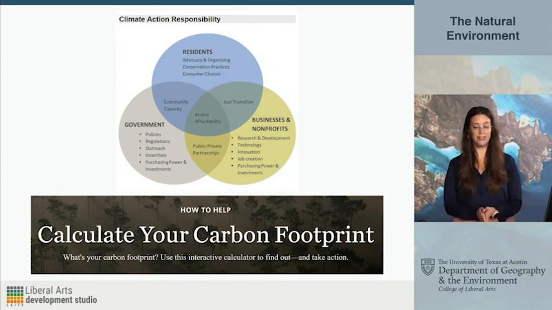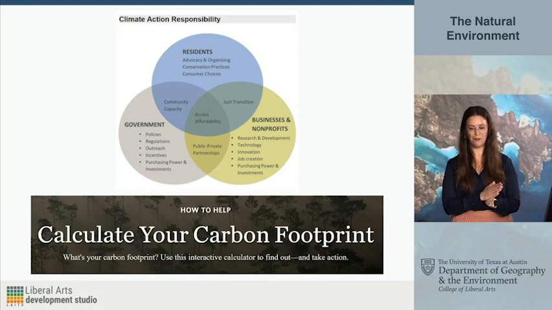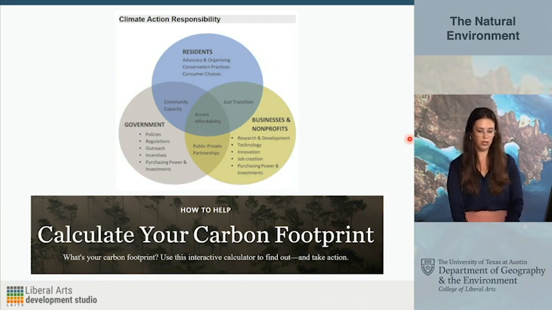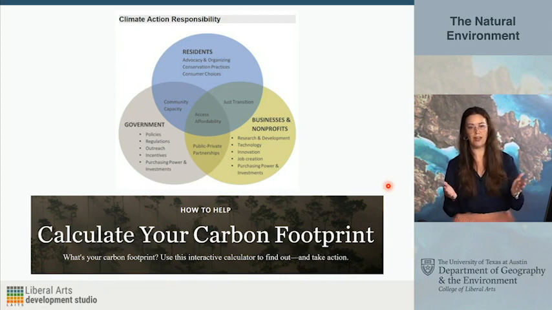In order to decrease our carbon footprints, we need to know what our footprint is and which aspects of our life are contributing to it the most. That's what the second part of this lab is about. You'll use this tool that nature.org created to calculate your carbon footprint. Once again, as I mentioned in the intro, I will then compile all of our footprints and we can look at each other's.